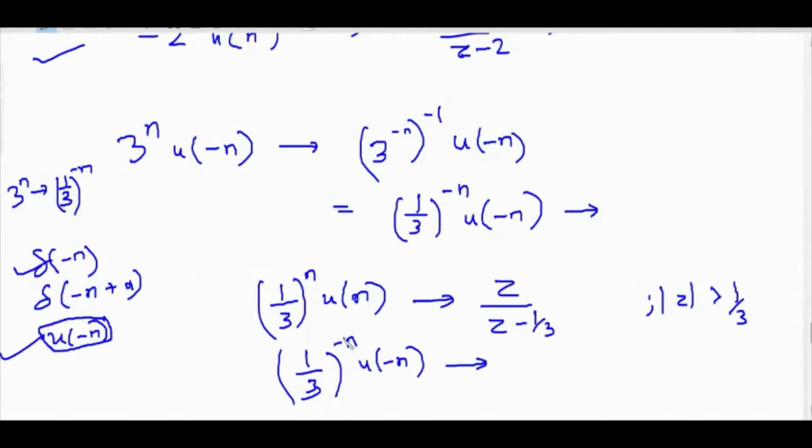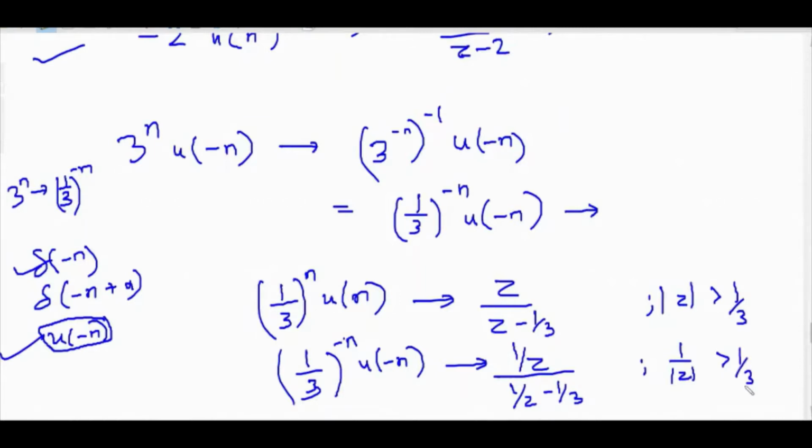So here z will be replaced by 1 by z. That becomes 1 by z divided by 1 by z minus 1 by 3, and ROC will be magnitude 1 by z greater than 1 by 3.